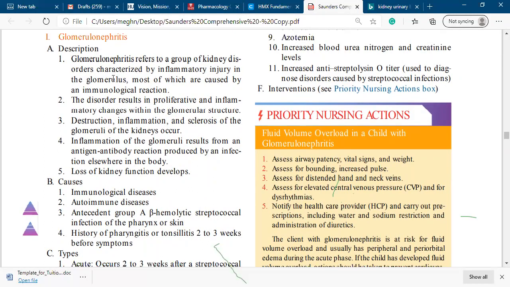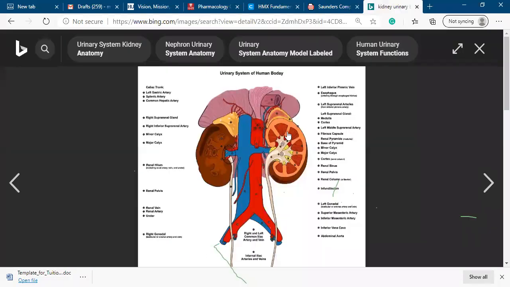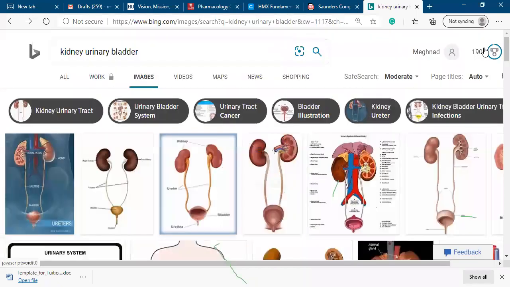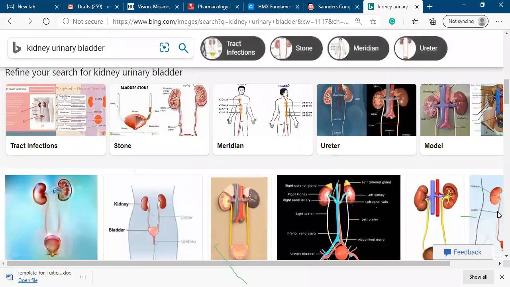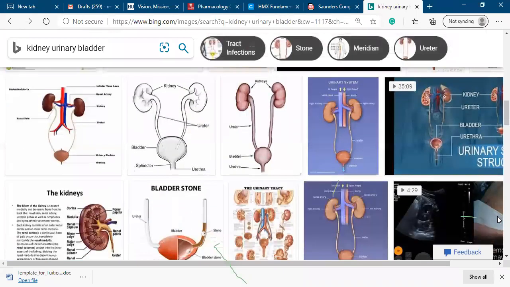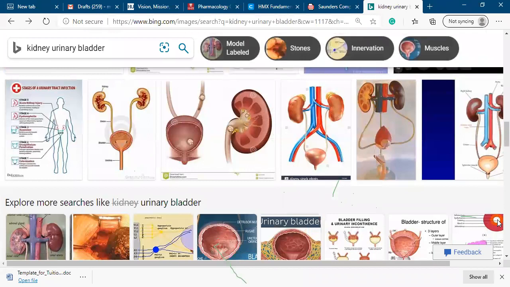So the key word here is inflammation of the glomeruli. What is the glomeruli? This is the glomeruli inside the kidney. Another thing, the functional unit of the kidney is called the nephron. The functional unit of the kidney is called nephron, right? It is the structural unit of the kidneys.